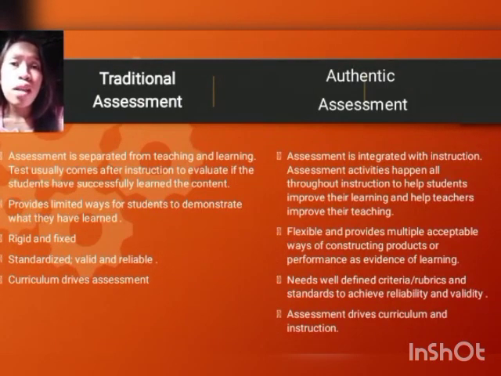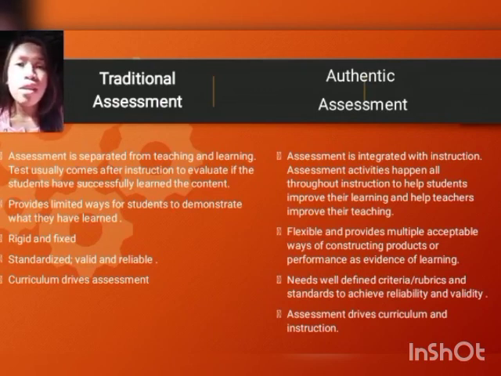The teacher gives many ways to conclude if the assessment given is helping the students learn. While in traditional assessment, the assessments given are rigid and fixed, or standardized, valid, and reliable. While authentic assessment needs well-defined criteria or rubrics, the standards to achieve reliability and validity.